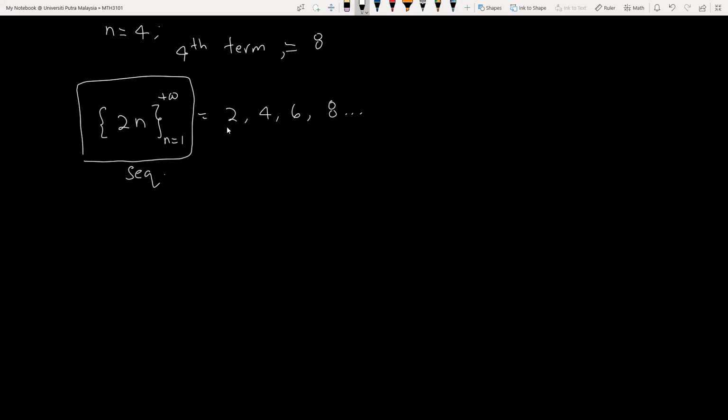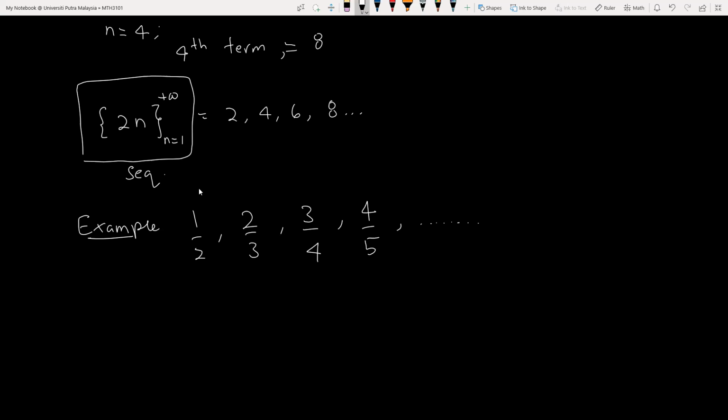Okay, let's see how about this one. Try to find the formula for another sequence: 1 over 2, 2 over 3, 3 over 4, 4 over 5. Try to figure out the formula for this one.